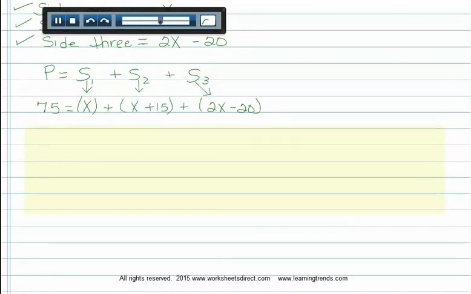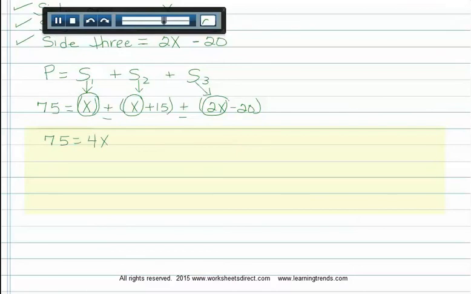We'll notice that we have all additions. We're adding these 3 sides. So when I look at this, I see that I have 1x plus another x plus 2 more x's. So that will give us 4x. So our perimeter is 75. When we combine our x's, we have 4x.